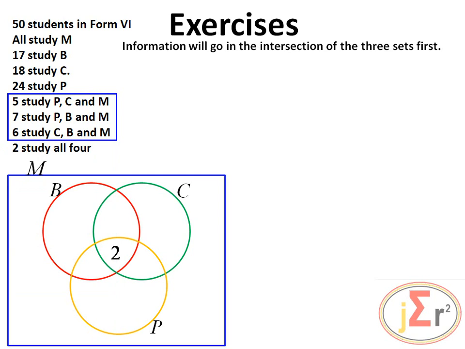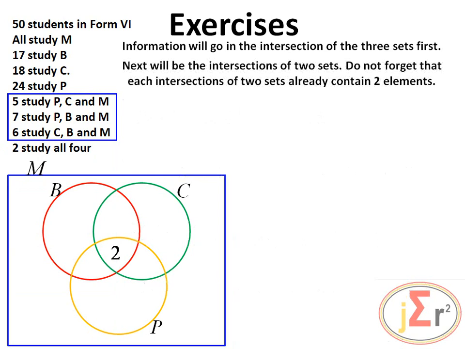So we are going to be looking at the intersection of 2 sets, bearing in mind that mathematics is the universal set. Next will be the intersections of 2 sets. Do not forget that each intersection of 2 sets already contains 2 elements.